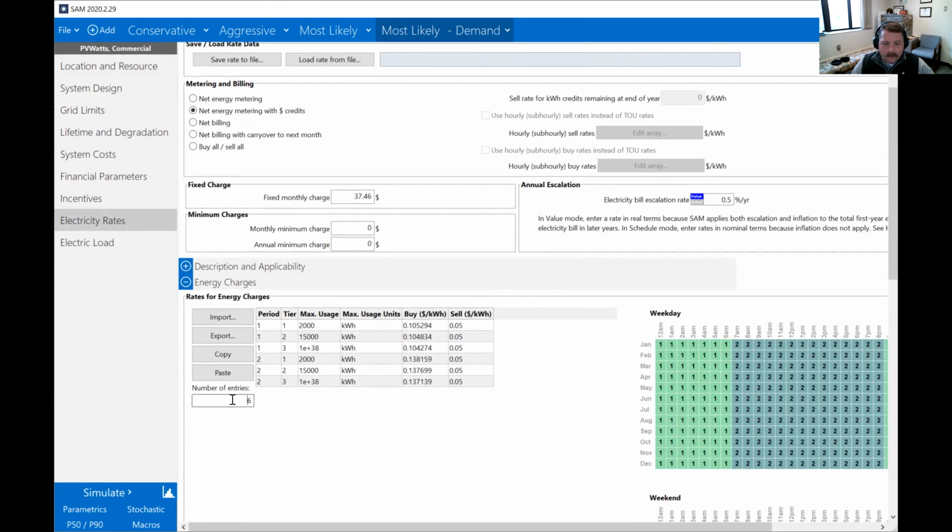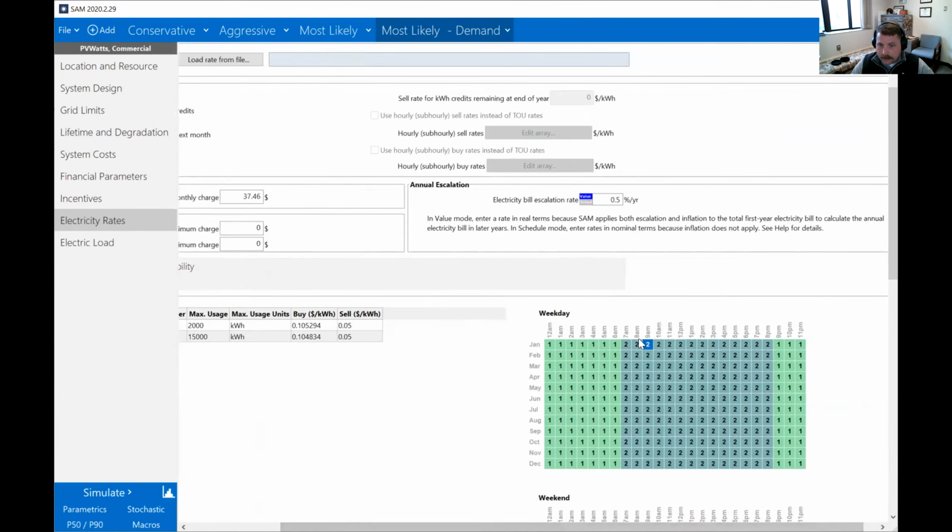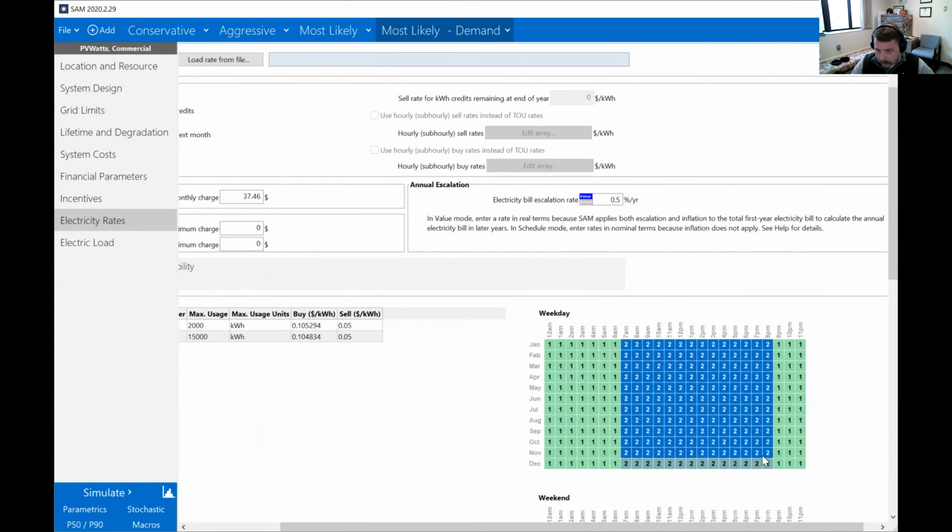And knowing my rate schedule, because I pulled my bill, I know that I have essentially a two-tiered one-period rate structure. And so my one period, I've got to make my one period a true one period. So I've got to take all of these numbers that are 2 and make them into 1.